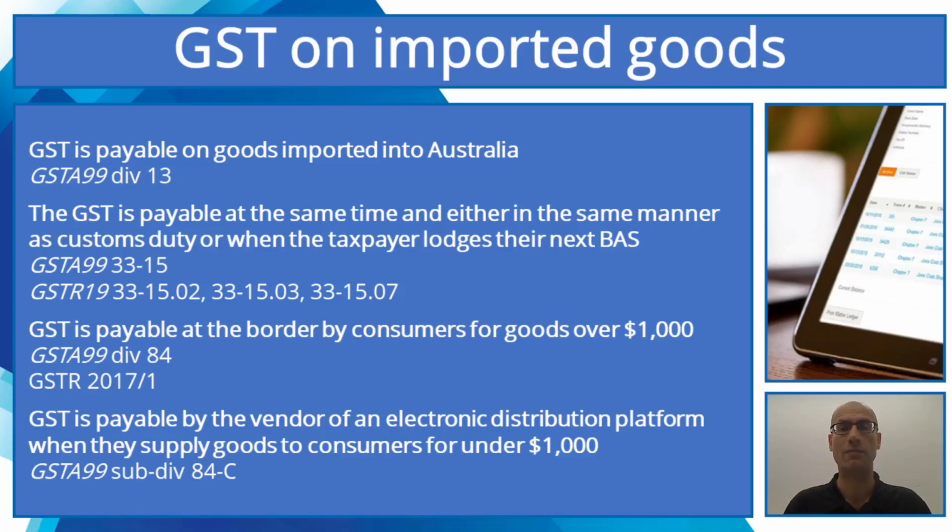Again, this is for the eBays, PayPals, and Amazons of this world. In situations where you are not dealing through an electronic distribution platform, so you're buying directly from a vendor overseas, again, customs will collect the amount which is owing under their powers.